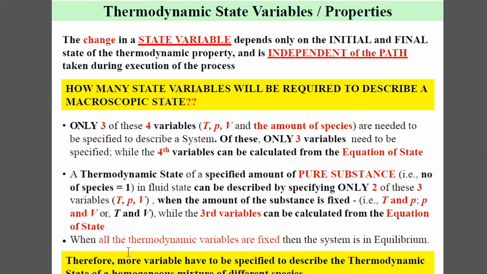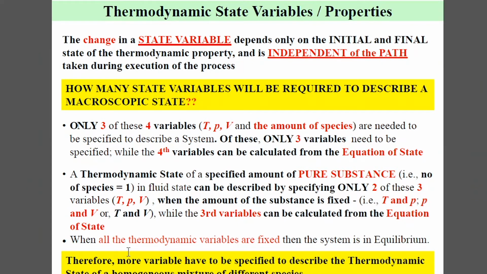The thermodynamic state of a fluid system can be described by only 2 of the 4 parameters, since the number of moles gets fixed. So only 2 will be required out of P, V and T. When the amount of substance is fixed, either temperature and pressure, pressure and volume, or temperature and volume are required. The 3rd variable can be calculated from the equation of state.